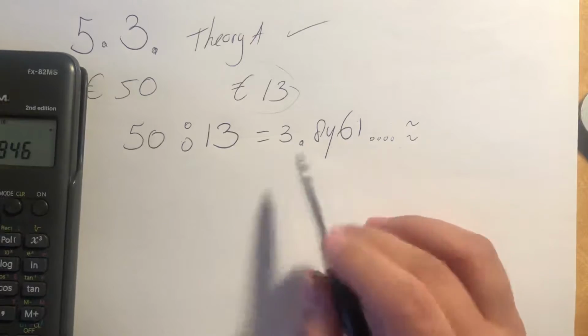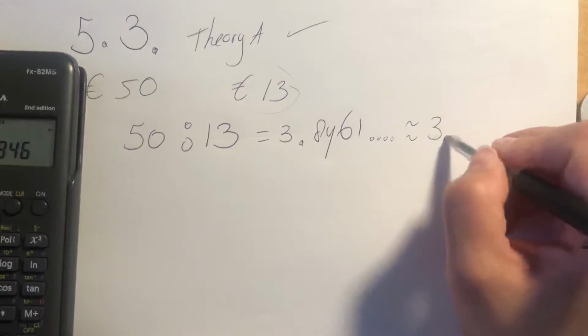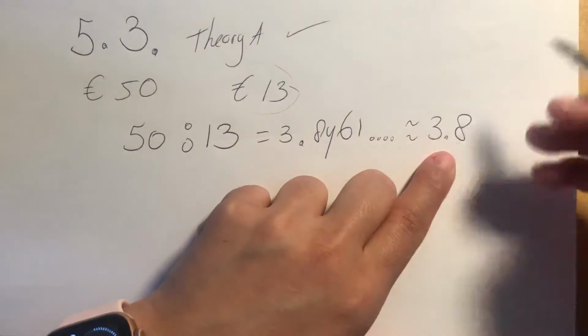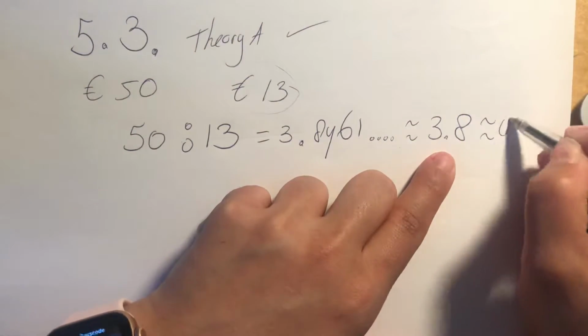This is indeed rounded to one decimal, 3.8. Or you can say, if you want to round to an integer, this would be 4.